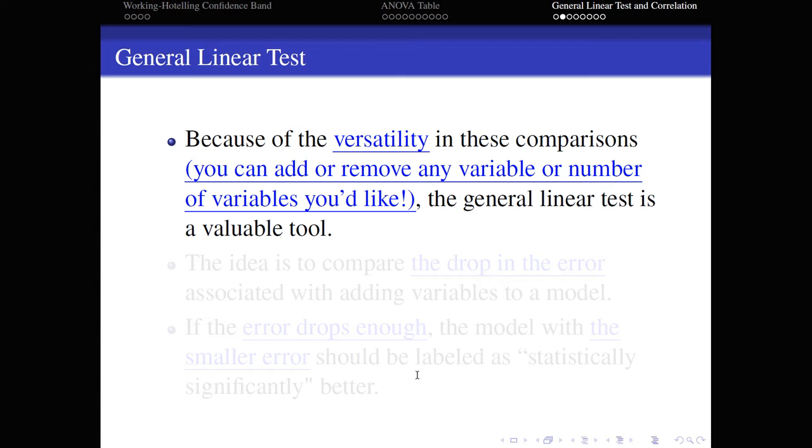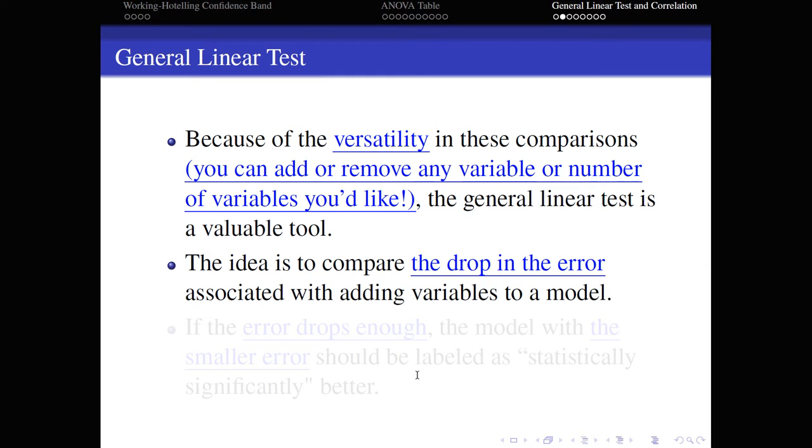So when we get to fancier models where we may have lots and lots of variables, we can look at nested models and say, well, what's the impact of anything that's missing in the smaller model? So we just start with a big model, we cut out whatever we want to test, and then we have the smaller model, and the general linear f-test allows us to determine, are the things we cut out important or not?